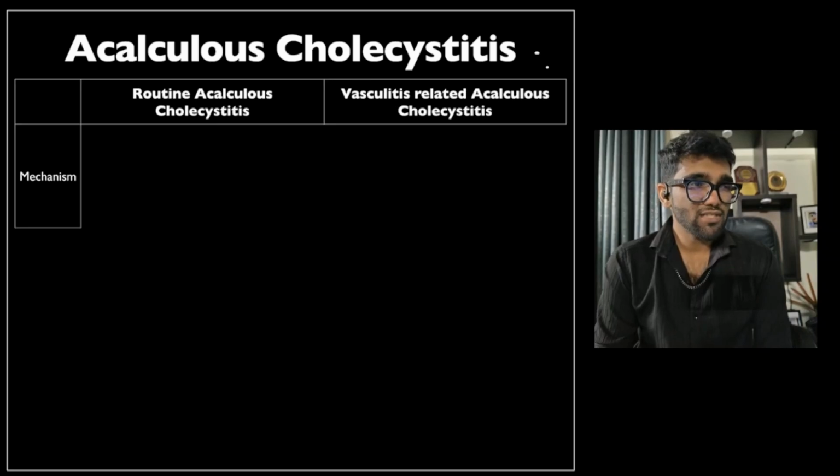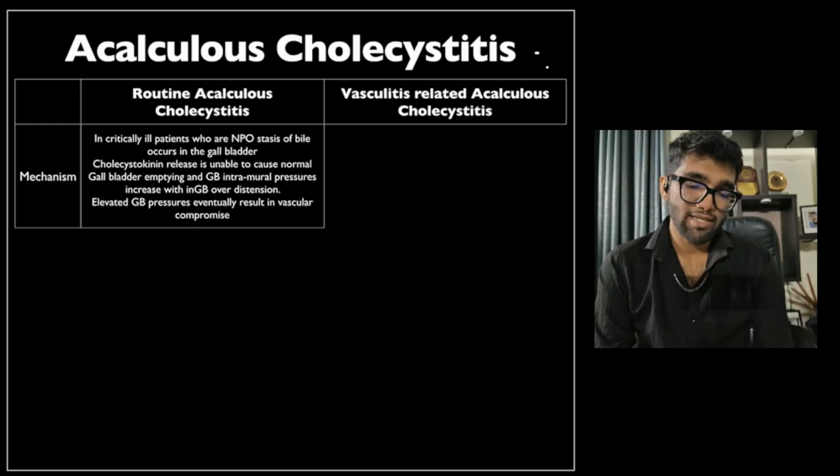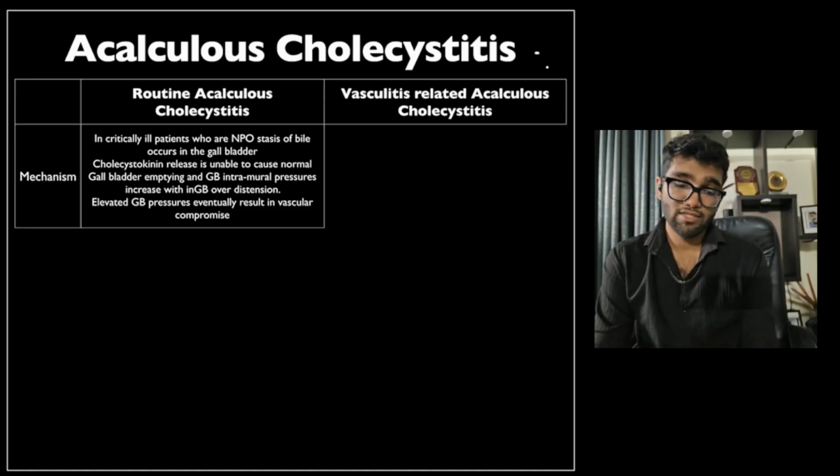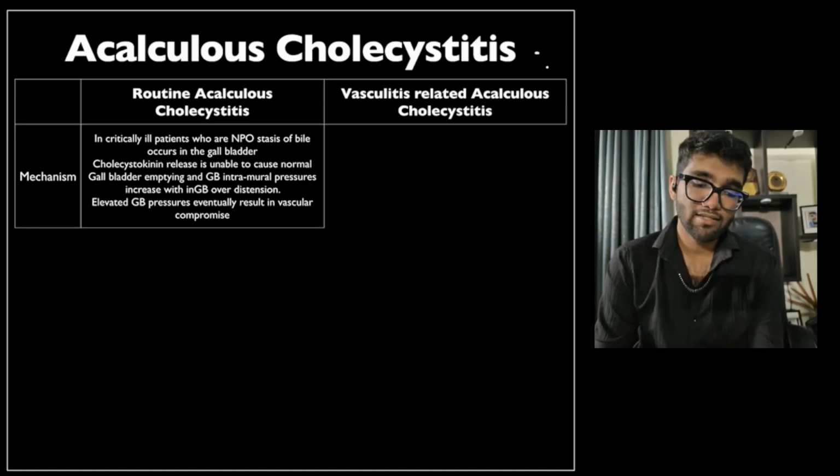Acalculous obviously refers to the fact that most cholecystitis is due to gallstones, but here we don't find gallstones. So routine acalculous cholecystitis occurs in critically ill patients who are nil per oral, and that causes stasis of bile within the gallbladder, because the presence of food within the duodenum really causes release of cholecystokinin and contraction of the gallbladder.